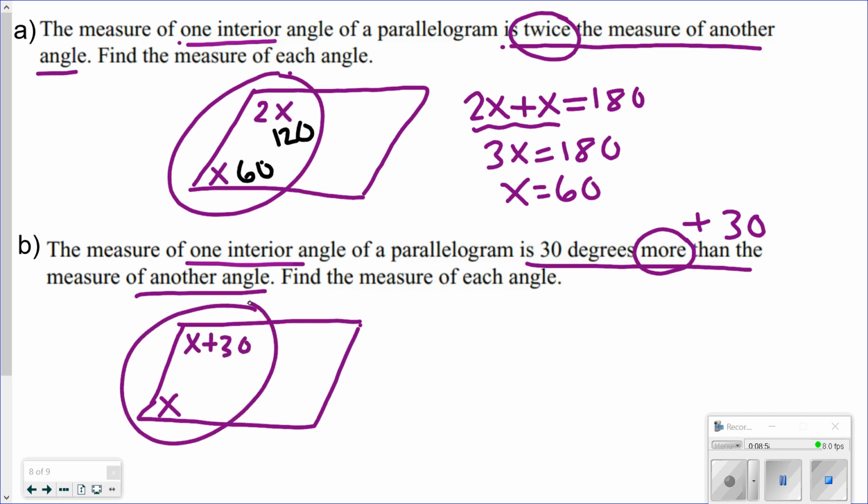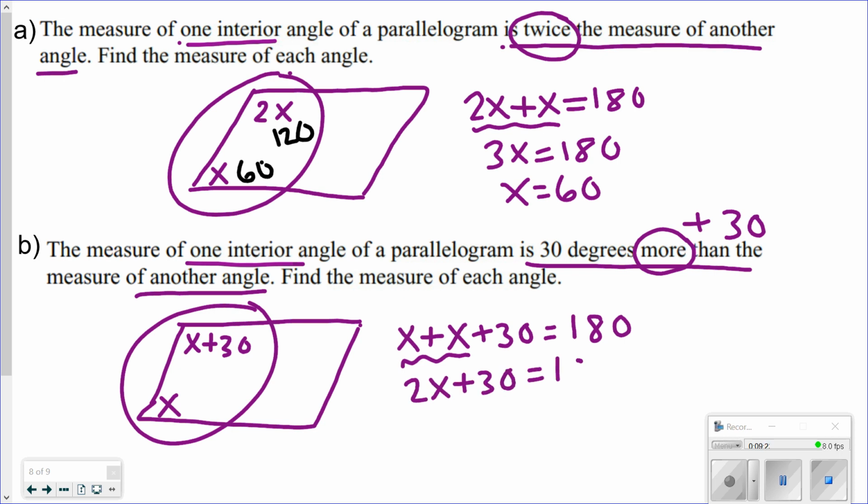Well, what do we know about those two angles? We know that they're supplementary. So I'm going to add those expressions up, set them equal to 180. So x plus x plus 30 is equal to 180. Combine your like terms. 2x plus 30 is equal to 180.